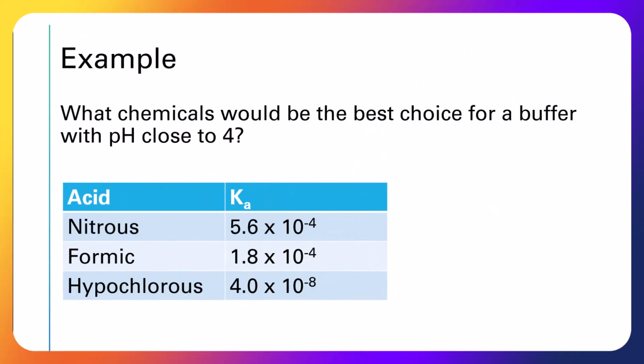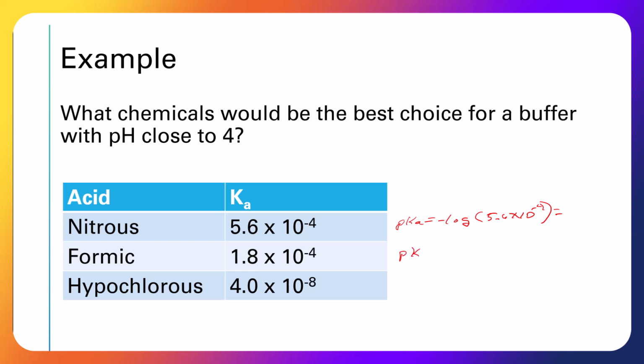What chemicals would be the best choice for a buffer with a pH close to 4? So we're going to do exactly what we just said. We're going to calculate the pKa of all of these. This will be the negative log of 5.6 times 10 to the minus 4. And you've probably figured out this is a little less than 4. We're going to do the same thing here.